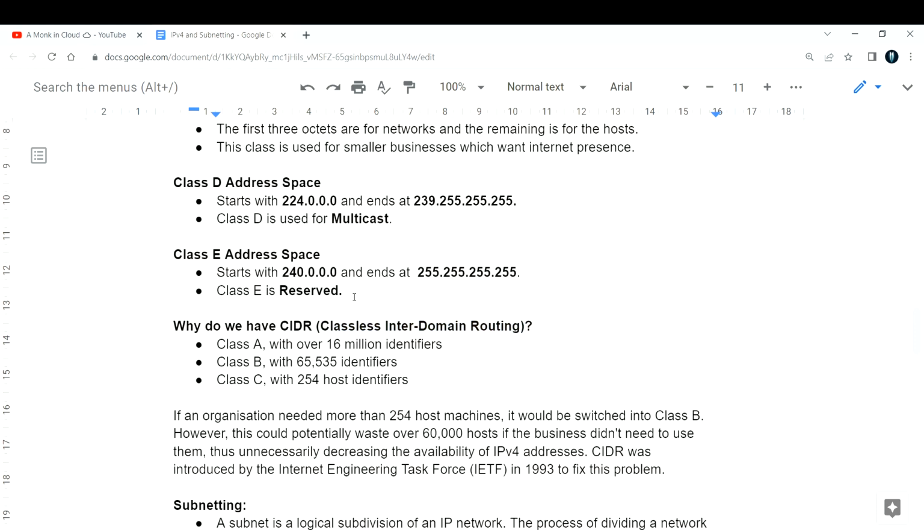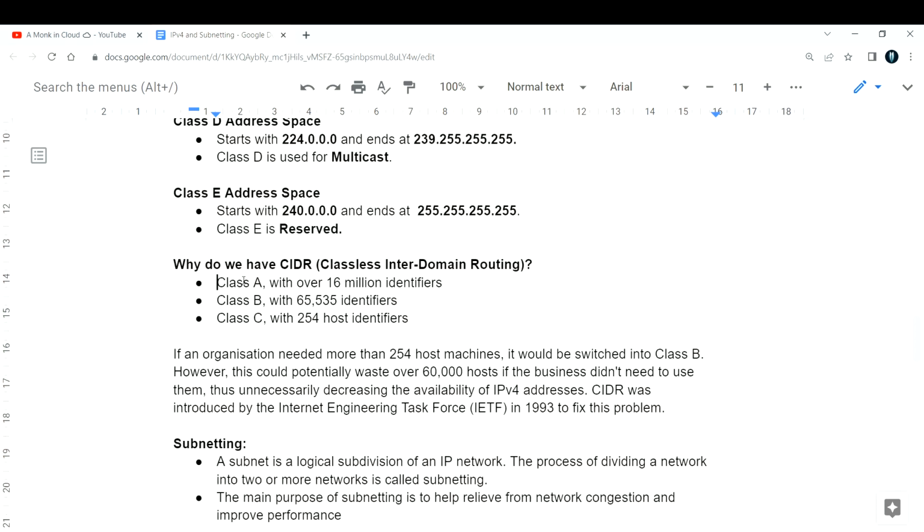We had classful, so why are we going classless now? Class A was offering us 16 million IP addresses, class B was offering 65,000 plus IP addresses, and class C was offering 254 IP addresses.